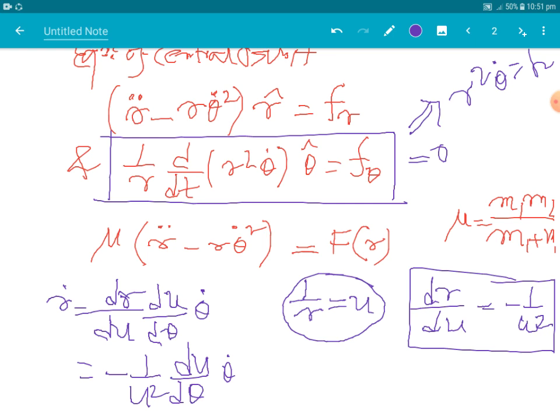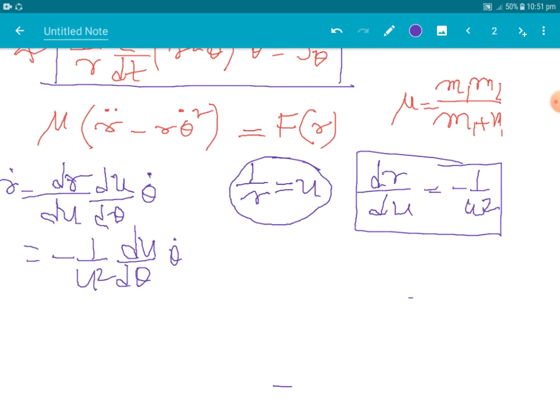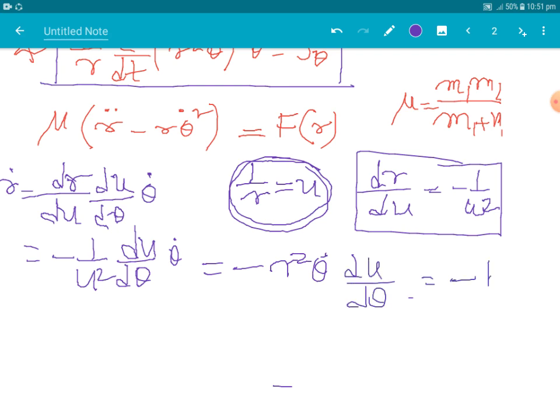Therefore, minus of r square theta dot du by d theta, since 1 by r equals u, then 1 by u equals r and 1 by u square equals r square, is equal to minus h du by d theta.